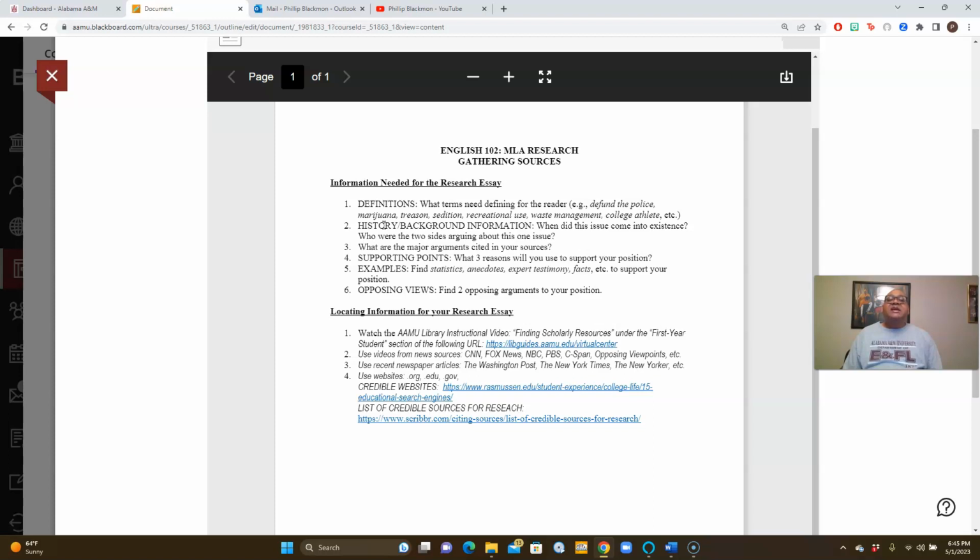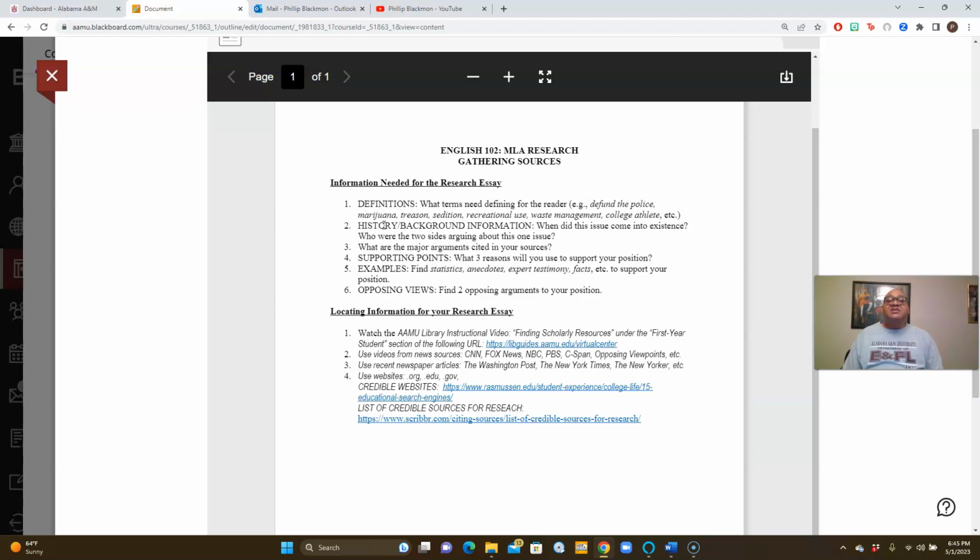What is treason, right? What steps does one have to take in order to be accused of treason, right? You want to make sure that the reader understands the term or terms that you're going to be using in your paper.